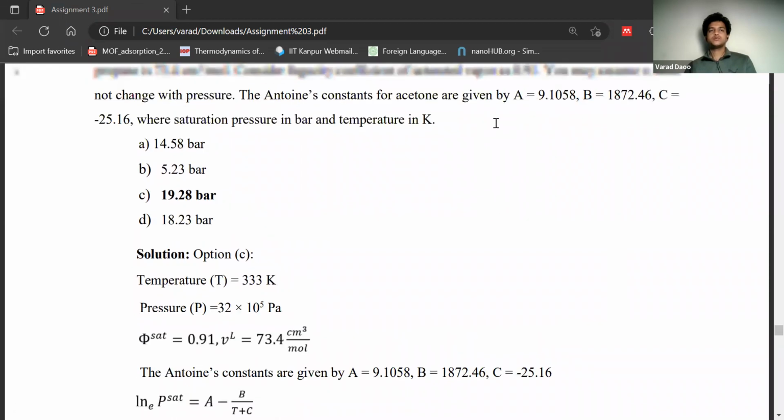The correct answer is option C. Anybody got it?